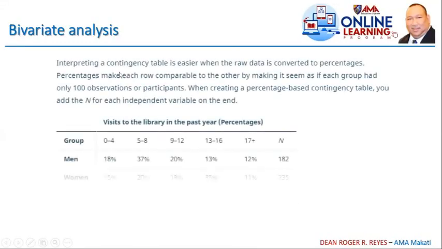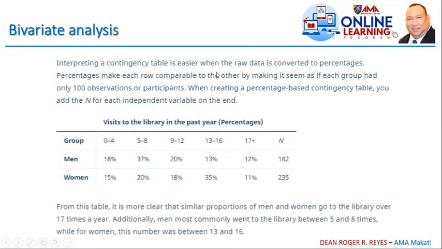So, interpreting a contingency table is easier when the raw data is converted to percentages. Percentages make each row comparable to the other by making it seem as if each group had only 100 observations or participants. When creating a percentage-based contingency table, you add the n for each independent variable on the n.